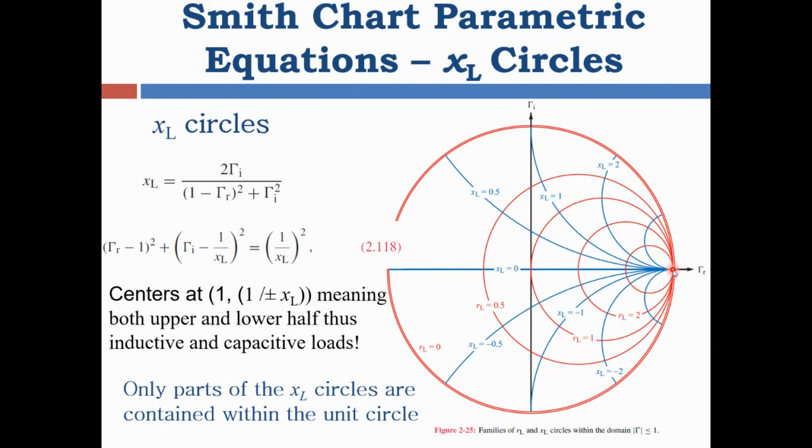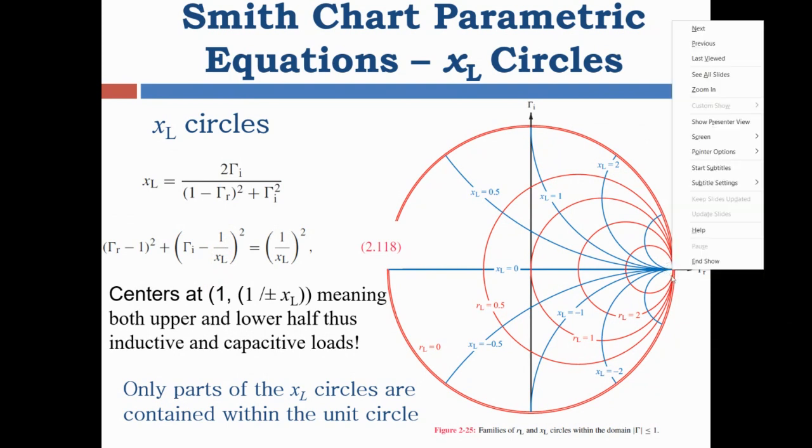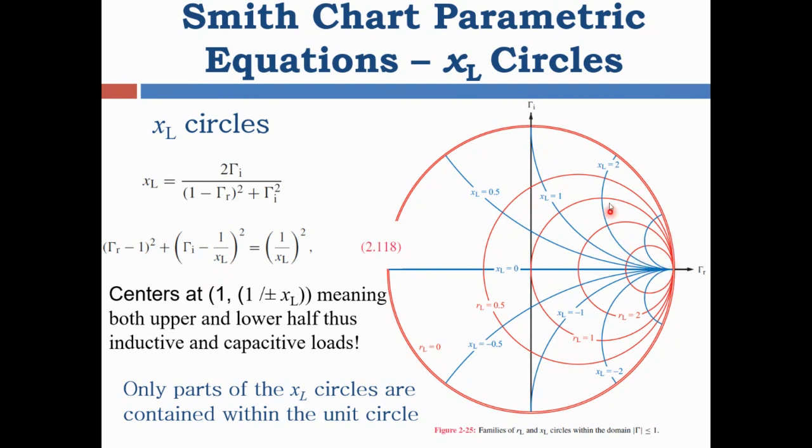So the center is going to be 1 and something. This is the center for this one, and the same thing for the others. So the centers of all these circles are going to be at the real part equal to 1, or x0 equal to 1, and y0 equal to this.